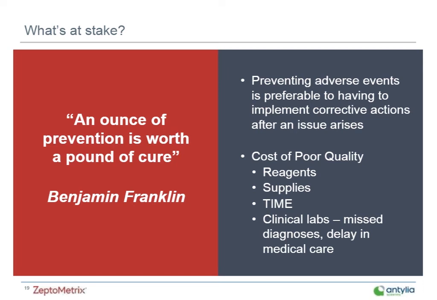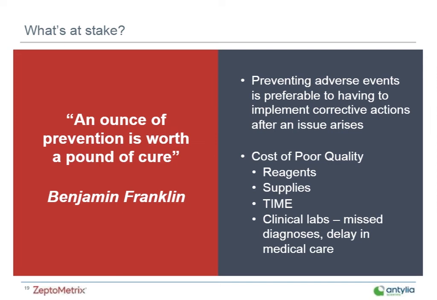And in the case specifically of clinical labs, misdiagnoses and delay in medical care because of these misdiagnoses or these late diagnoses. And really, your laboratory accreditation could be at stake here if you don't implement a plan that involves a high quality molecular control. You need to be able to show that your lab can continually perform to high standards.